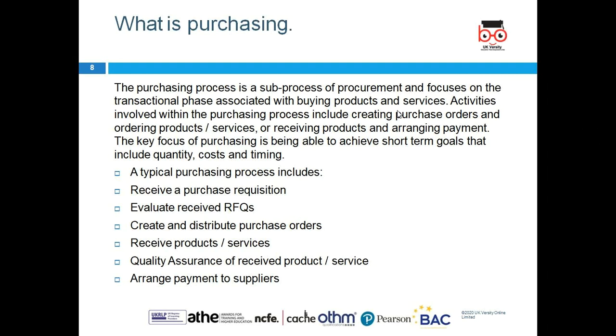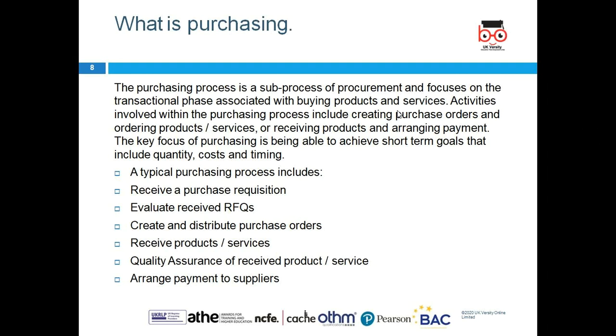So a typical purchasing process includes: receive a purchase requisition, evaluate, and look at quantity, price, sizes, duration, credit facilities or not. Create and distribute the purchase order, receive the product, and match it with the purchase order, the delivery note and the invoice, then quality assurance of the received goods.